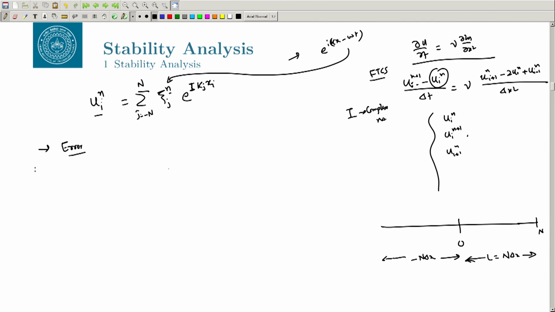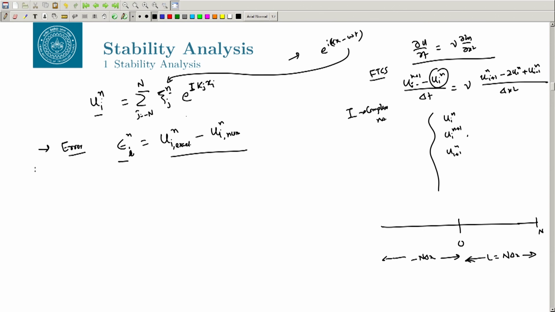So if you represent the error as epsilon_j^n, it is the difference between the exact solution, which is the MPD, the modified partial differential equation, and the numerical solution: u_i exact minus u_i numerical at n. This difference should not grow unbounded in time.